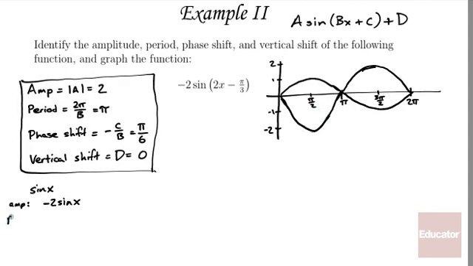Next thing to introduce is the period. The period is supposed to be pi, so I'm graphing -2 sine of 2x. That speeds the whole thing up. It shortens the period because the period is now pi instead of 2 pi. So I need to do that entire graph in the space of pi instead of 2 pi.